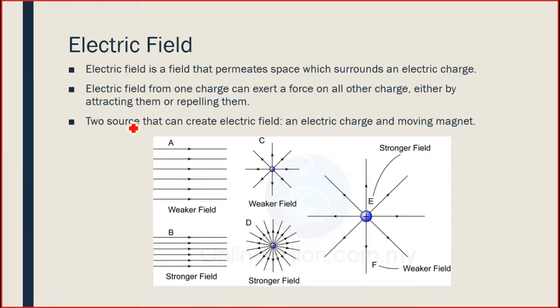This notion of field shows that if we have a positive charge, this positive charge is going to have its very own electric field. If it is positive, the electric field is going to go out. If it is negative, the electric field will go in.